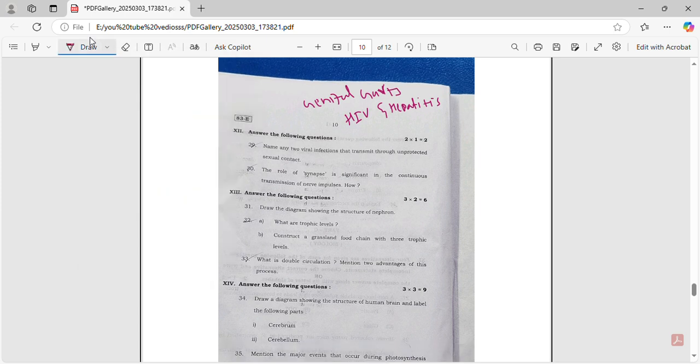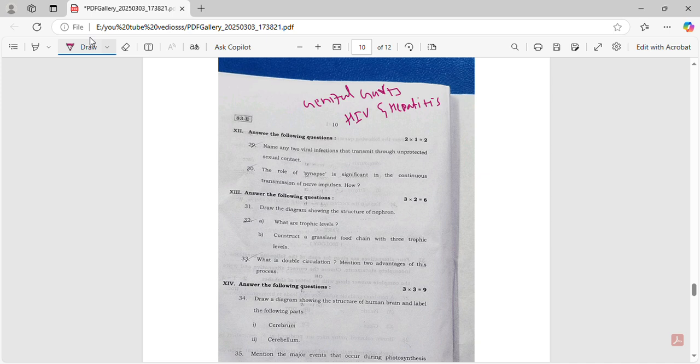The role of synapse is significant in the continuous transmission of nerve impulses. How? Synapse is a tiny gap between two successive neurons. At the synapse, the electrical impulses are converted into a chemical message by the nerve ending, and then again the chemical message is converted into electrical impulses by the dendrites of another neuron.